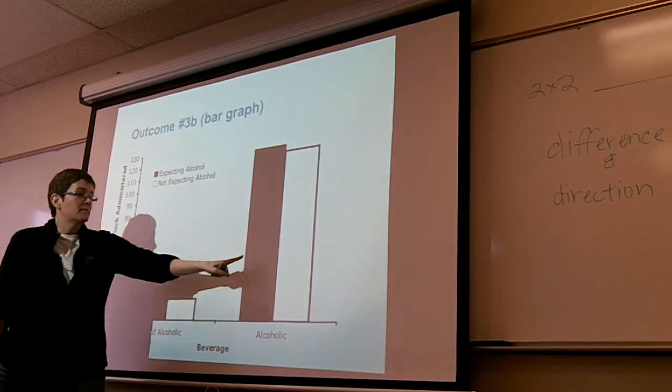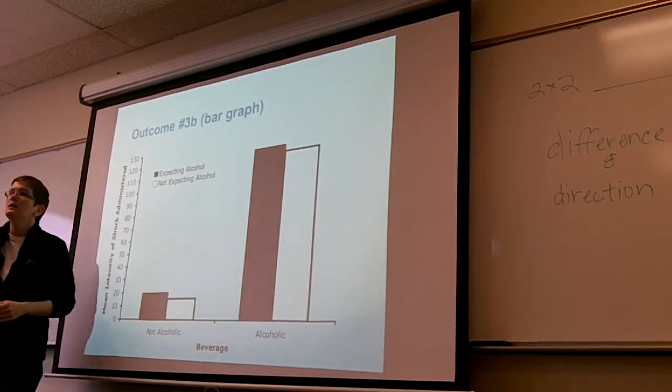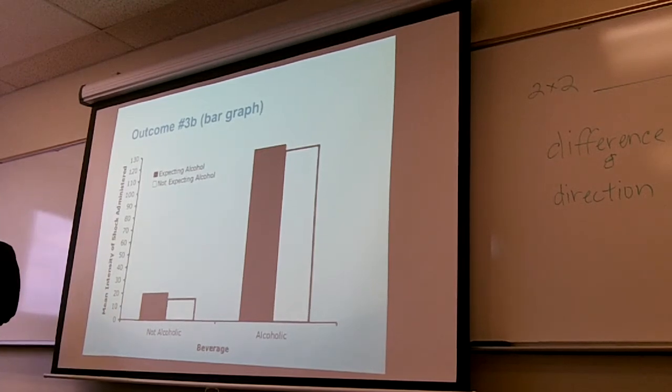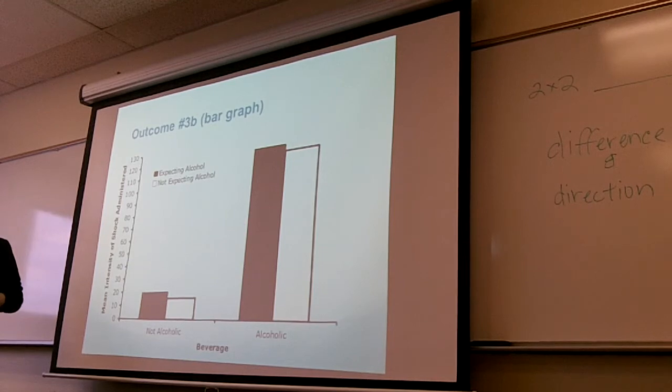So what do you think? If I smush the black bars together and compare them to the smushed white bars together, is it very different? No. No. This is the same thing as the lines being close together. So, no main effect of expectation.